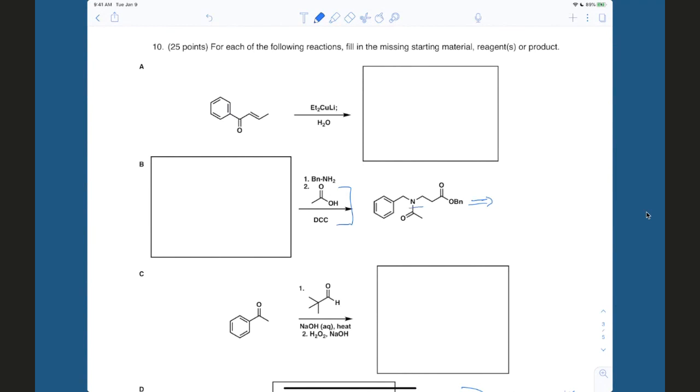So we're going to break this bond for the first step. And then somewhere we just add in benzylamine and we directly get the product. Now we're trying to figure out what can we add benzylamine to give this. Presumably, it looks fairly similar to that.